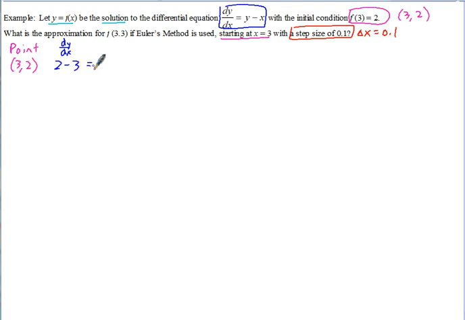Gives you negative 1 is your slope, times your step size delta x, 0.1, equals the change in the y coordinate. So negative 1 times 0.1 is negative 0.1, your change in y.